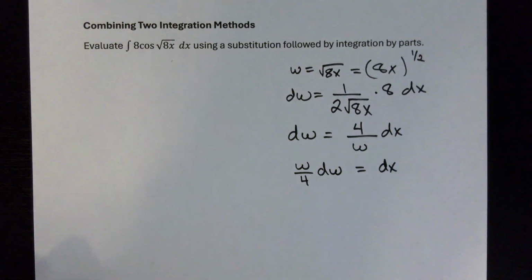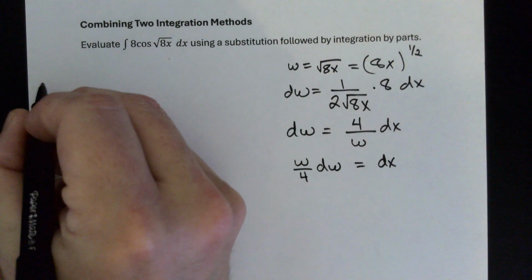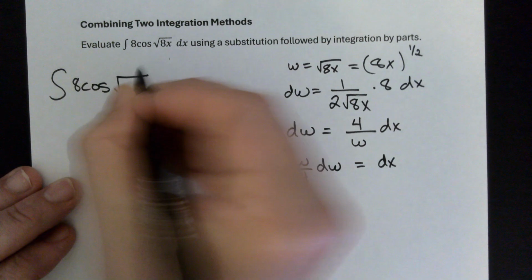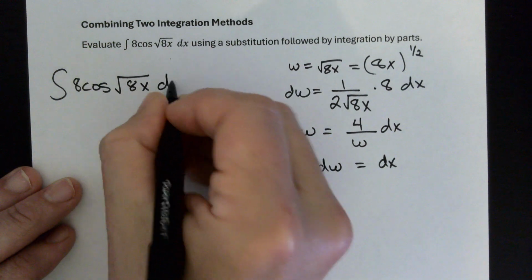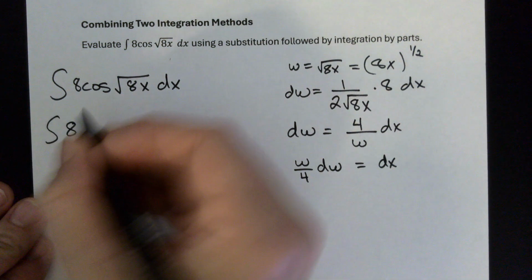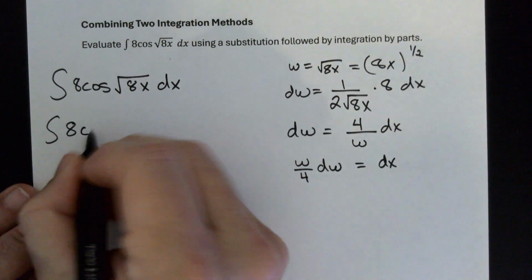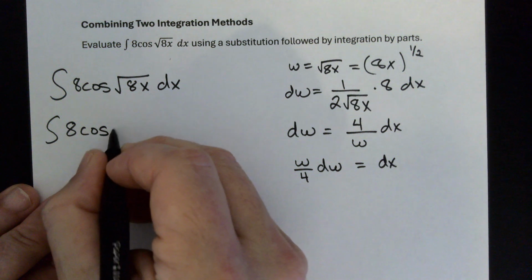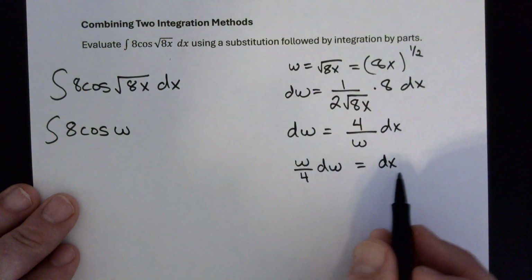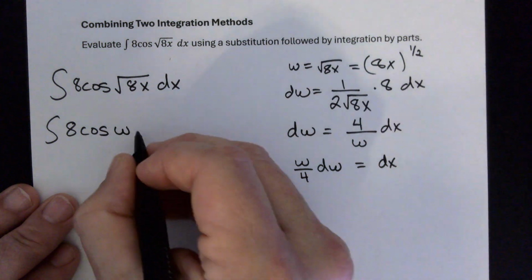Now I can write this out. The integral of 8 cosine square root of 8x dx. We leave the 8 there, nothing happens to it. In the cosine, we put the w inside, and in the dx, we put w over 4 dw.